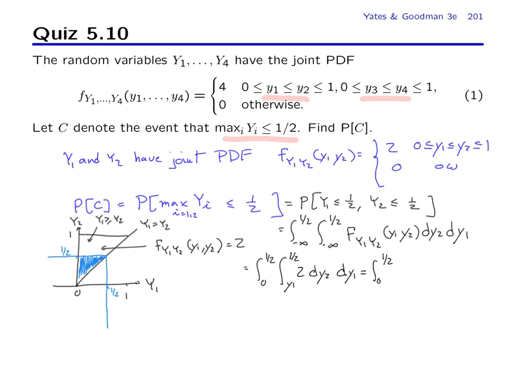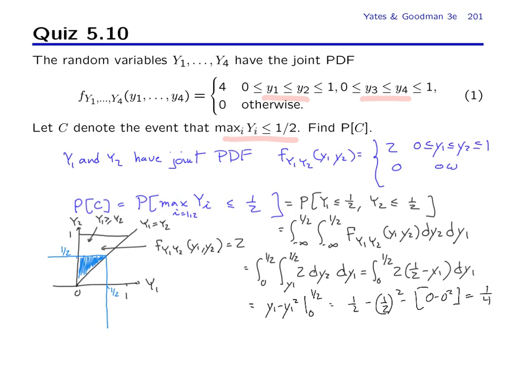Integrating from 0 to 1/2, this will be 2 times (1/2 minus y1) dy1, which equals y1 minus y1 squared, from 0 to 1/2, which is equal to 1/2 minus 1/2 squared minus 0 squared, and that's 1/4.